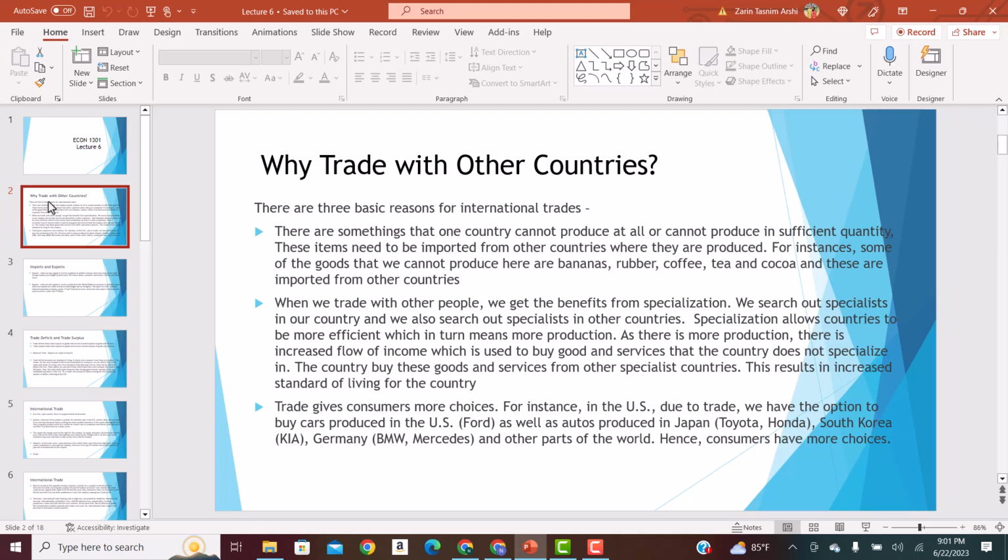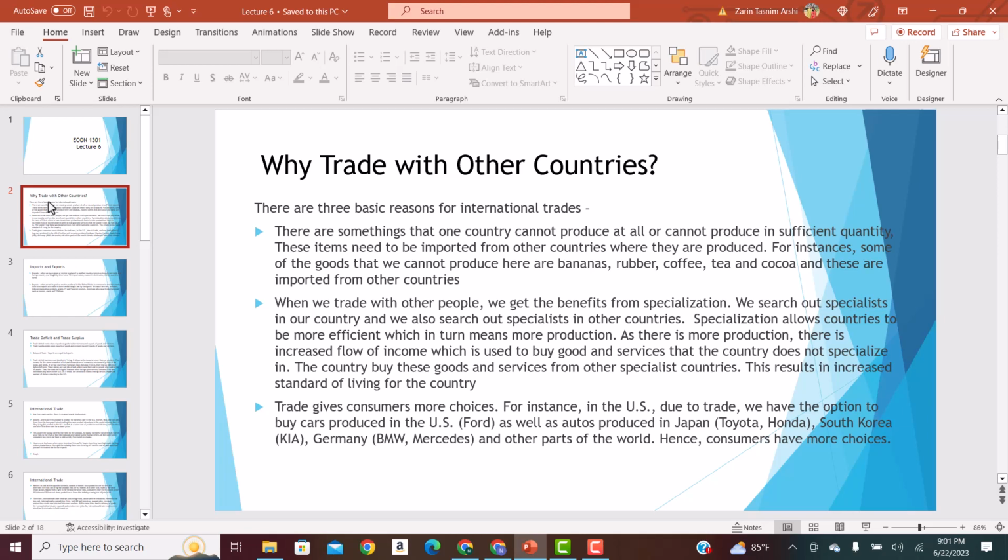An example would be like in the US, we do not produce sufficient amount of bananas, rubber, coffee, tea, and cocoa. And all these things are not produced in sufficient quantity in the US, but everyone basically has tea and coffee in the morning. They have banana and they need rubber for commercial purposes.